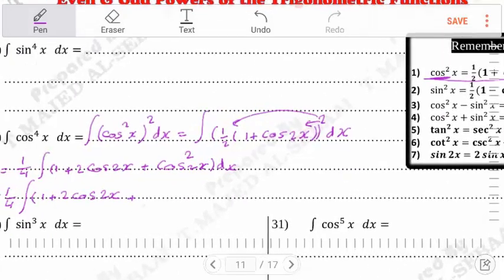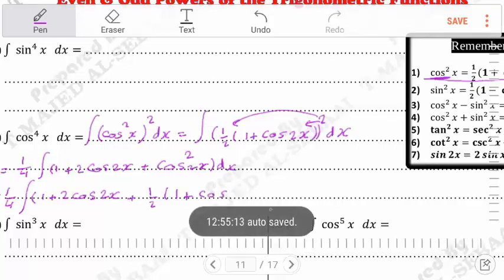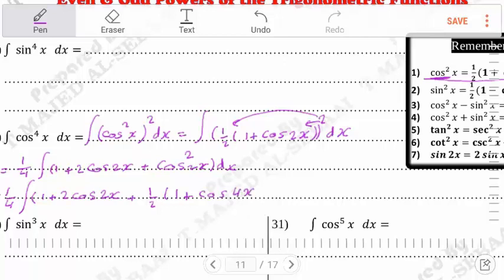It will be half bracket 1 plus cosine 4x, right? Why 4x? Just a minute. Why 4x? Because the angle was 2x. We double it. We double it. Okay, now everything can be integrated.